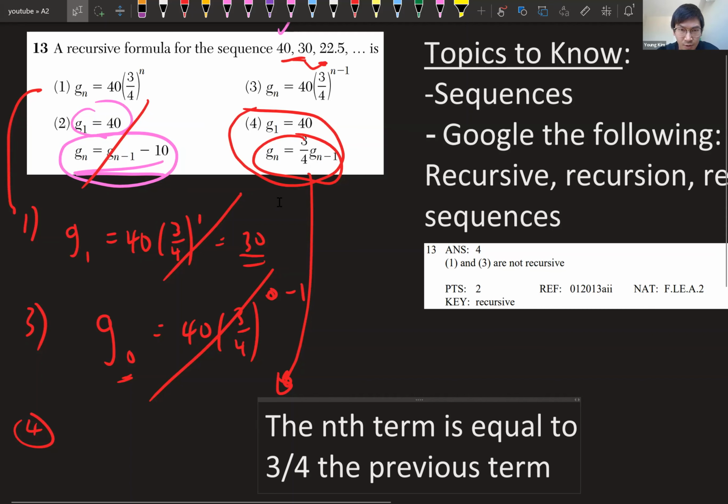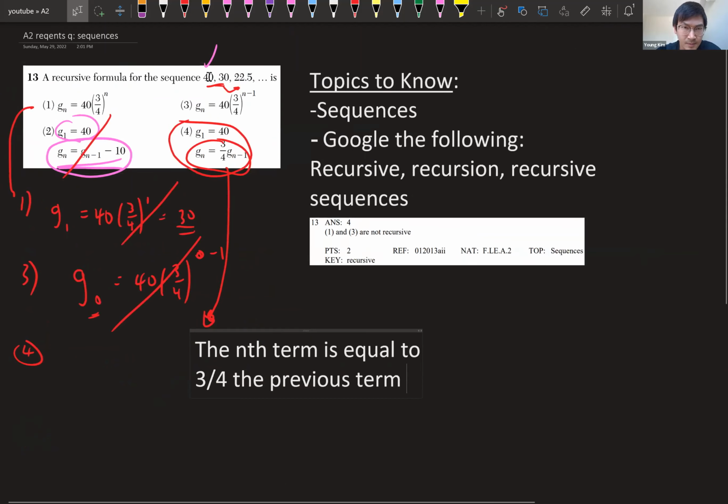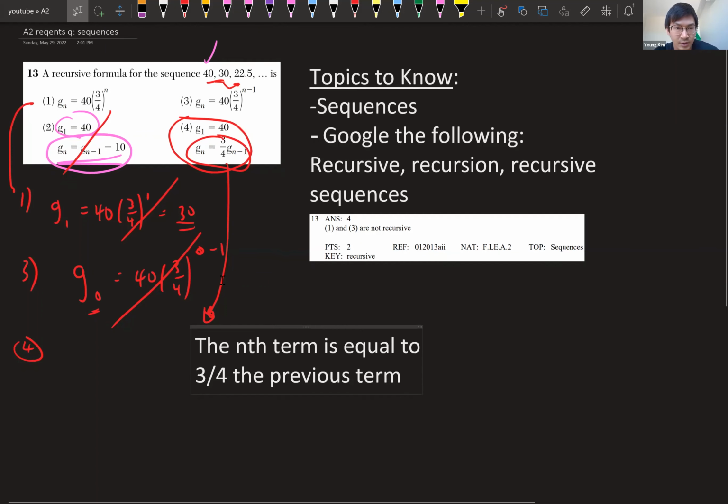And if you plug it in, try it. Plug it in for different values of n. Here start at 1, 2, and 3. So g sub 3 means n is equal to 3. It's saying that the third term is equal to 3/4 g sub 2, which is 30. You can do it.